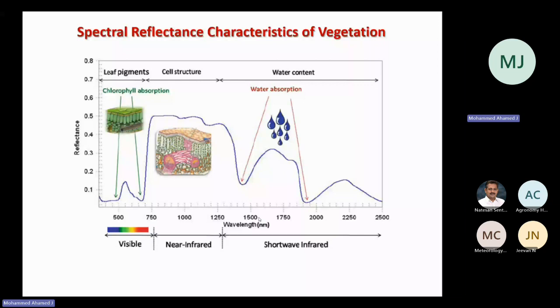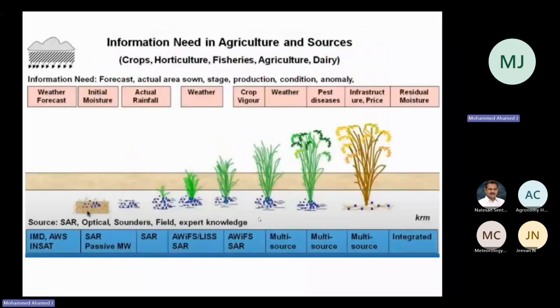Further to this, I would also touch upon the use of microwave data in crop area estimation, and I would also like to introduce you to hyperspectral applications, as to how we can go for advanced studies of geospatial applications in agriculture. So this is an old slide, don't mind.